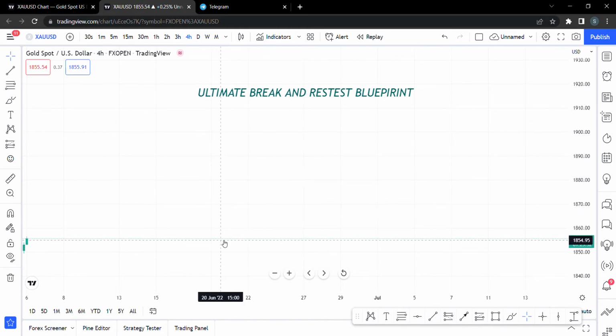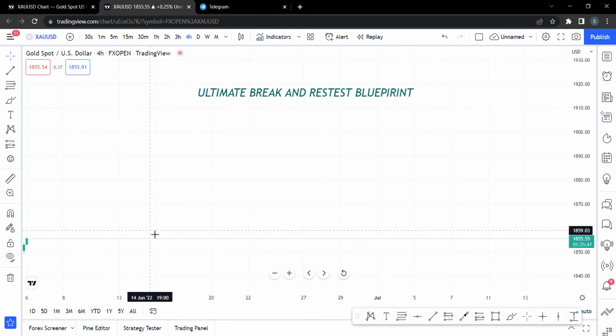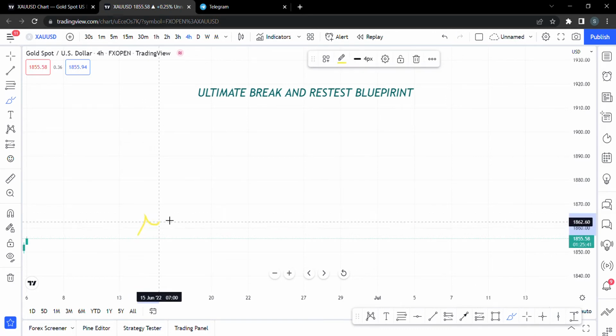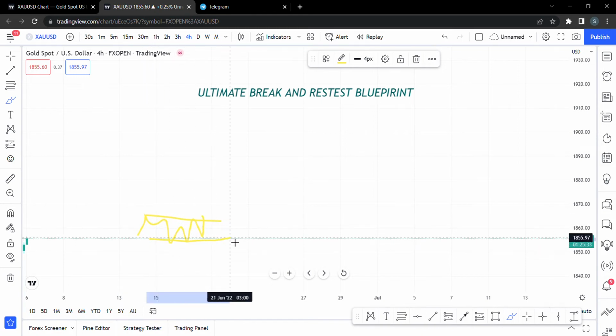So basically, what you need is break and retest. You have a structure. You have your resistance, you have your support. Break means broken structure.